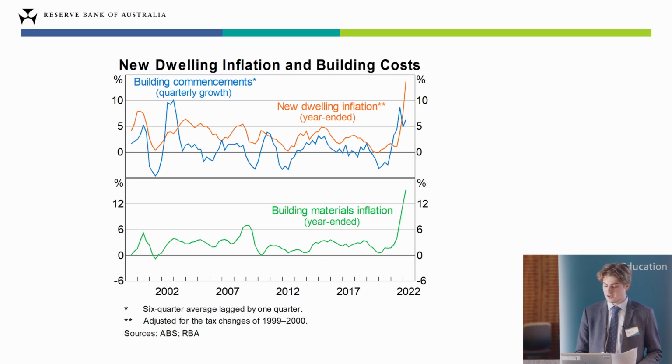Since then though, inflation for dwelling construction has really picked up quite a bit, and both demand and those supply costs have made a contribution. You can see that increase in demand there, and the increase in building materials inflation. Demand in particular has also been boosted by home builder and some other state government incentives to construct homes.